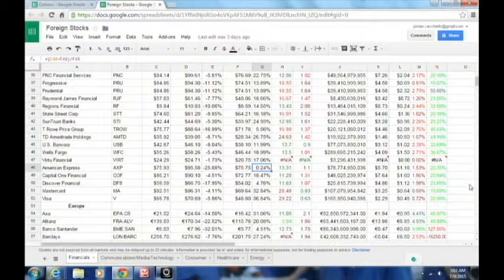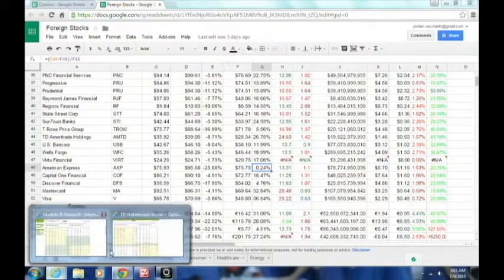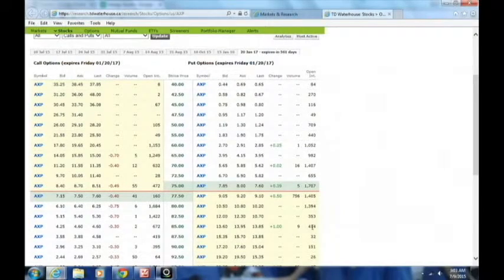So now that I have the stock I'm going to use, I need to go to an options chain. So I have a simple one pulled up here for January 20th, 2017. It's the furthest out you can go. And I'm going to be looking at buying some in the money calls here.